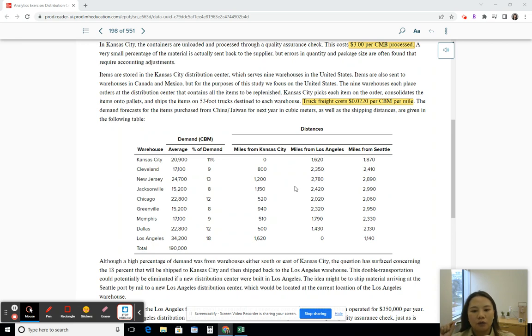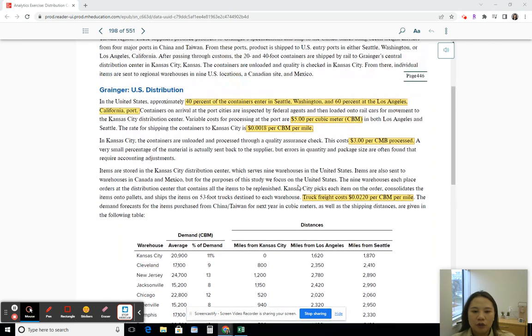When we calculate the total cost, we consider these two portions. The first portion is the total cost in the distribution center, including the transportation cost from the ports to the distribution center in Kansas. And the other big portion is the truck freight costs to the different warehouses.